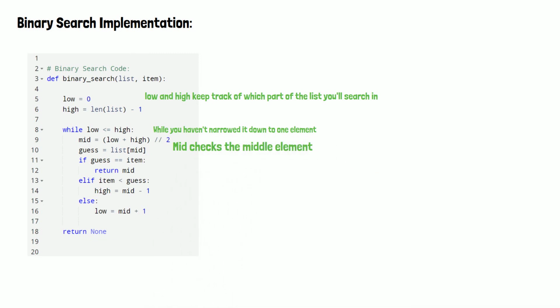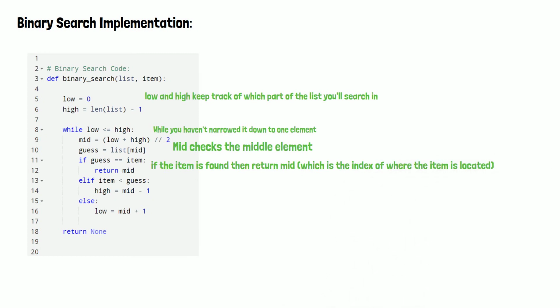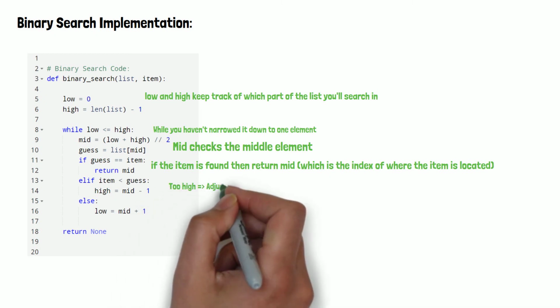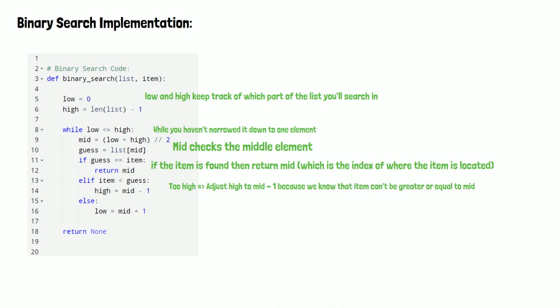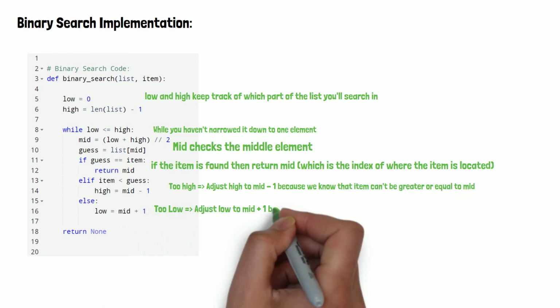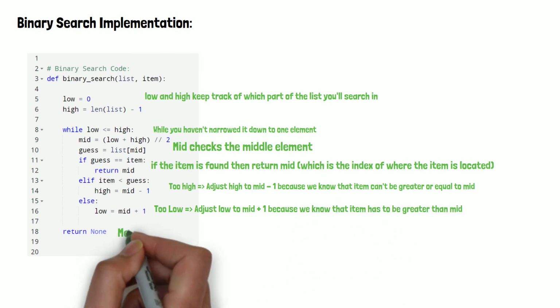Mid checks the middle element. Now, if the item is found, then simply return mid, which means that the middle element was the actual number or item. If the guess is too high, then adjust high to mid minus 1. If the guess is too low, then adjust low to mid plus 1.